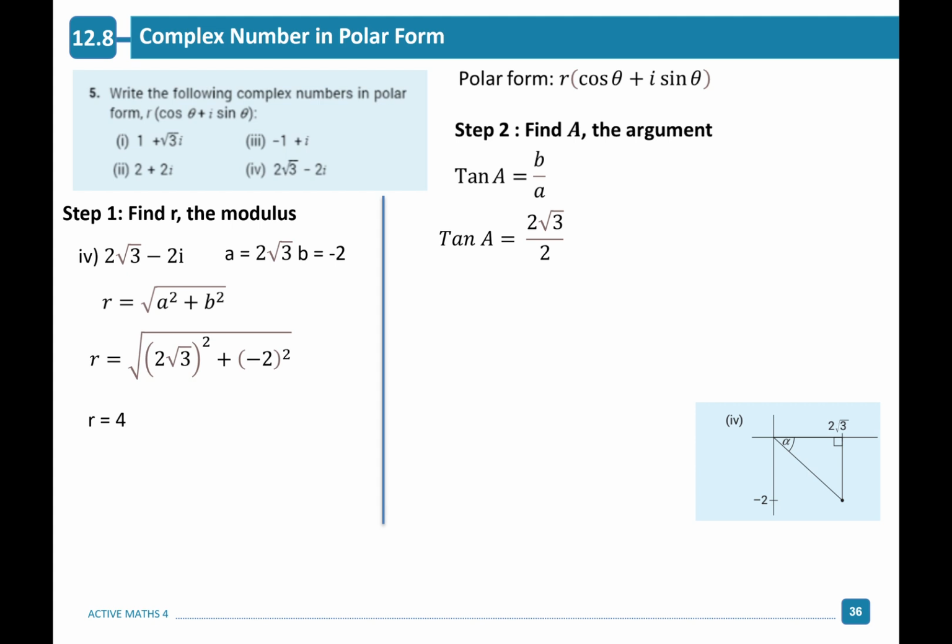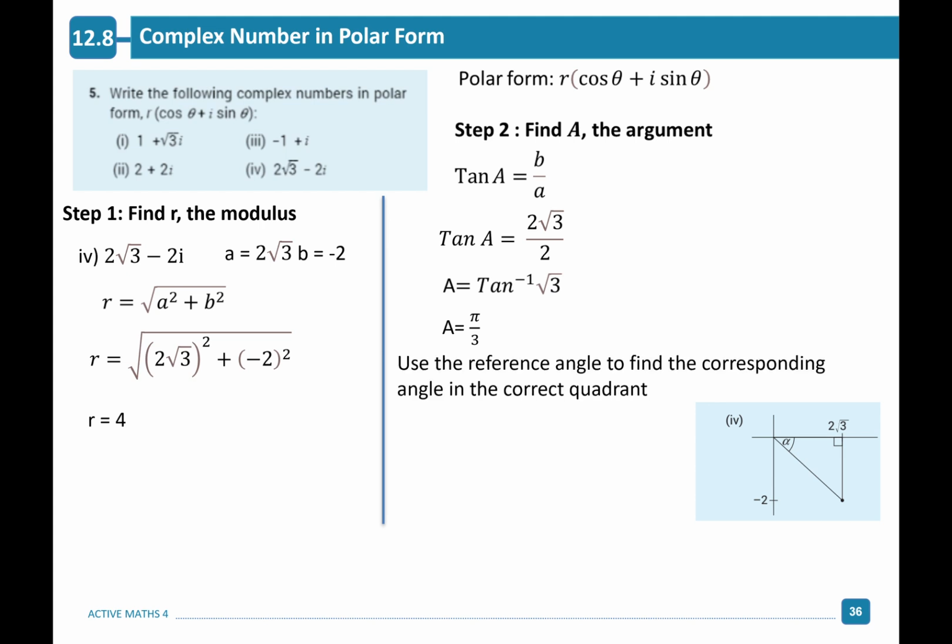When I'm finding a, I find my angle in the positive x and y axis, i.e. I find the angle for this complex number in the first quadrant. This gives us tan of a is equal to 2 over 2 root 3. Therefore, a is equal to inverse tan of 1 over root 3. a is equal to pi over 6. We use this value of a, our reference angle, to find the argument.